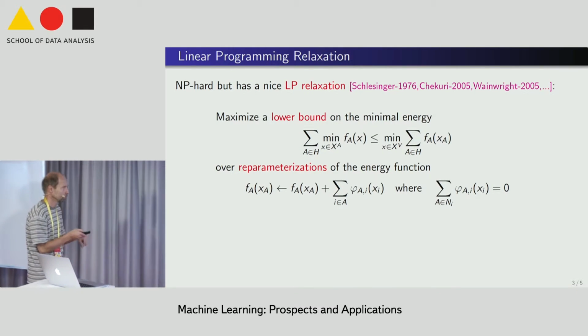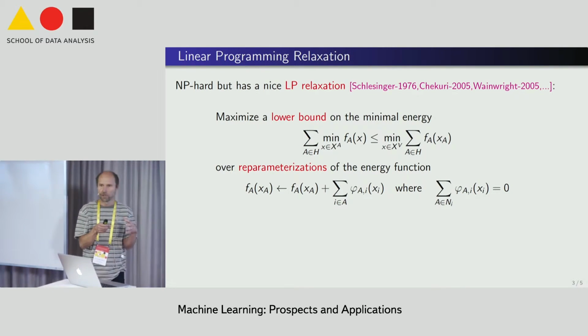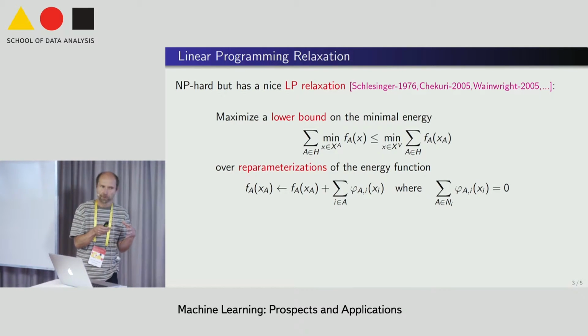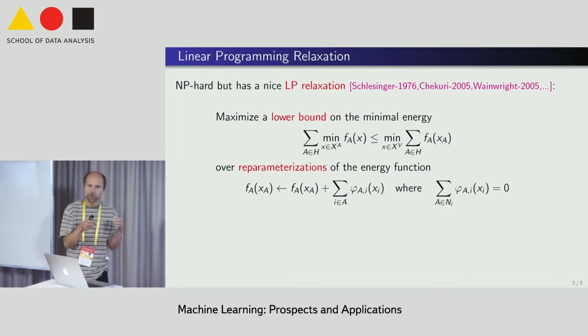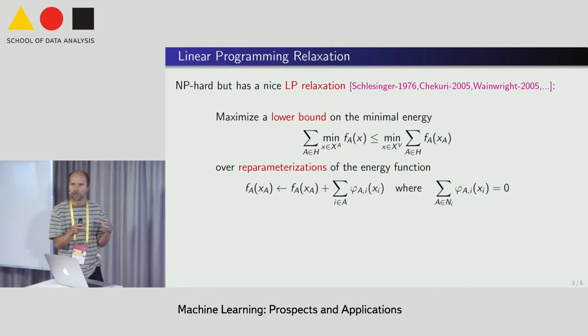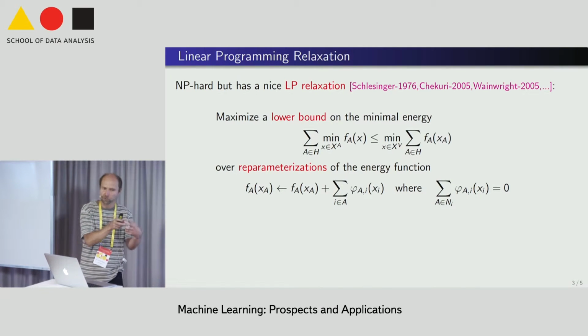And the other component is what we call reparameterizations, or equivalent transformations, of the energy function. It turns out that if you take the energy function and add some, for example, unary function to some cost functions and subtract the same functions from other cost functions, such that these unary functions cancel out, then you get the same energy function, but the little cost functions are different.